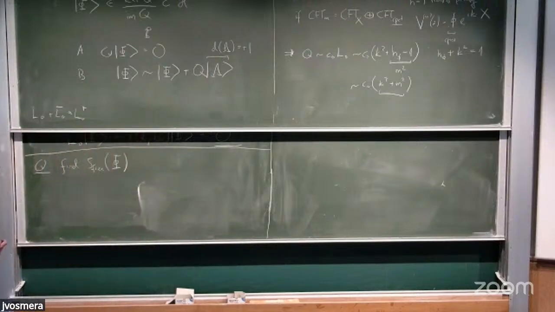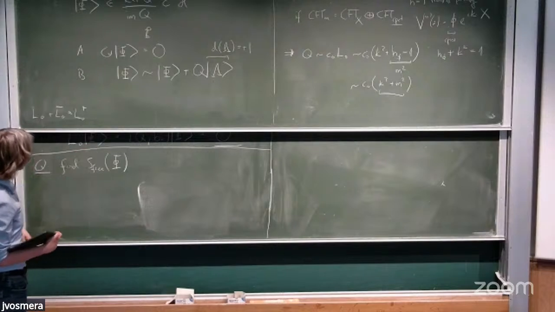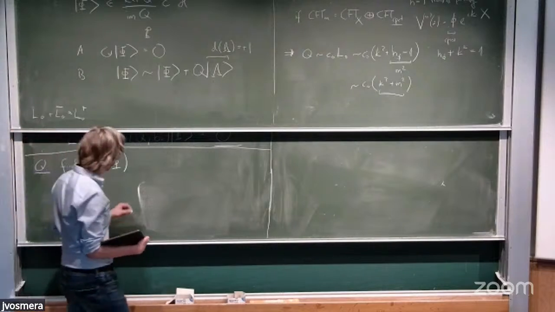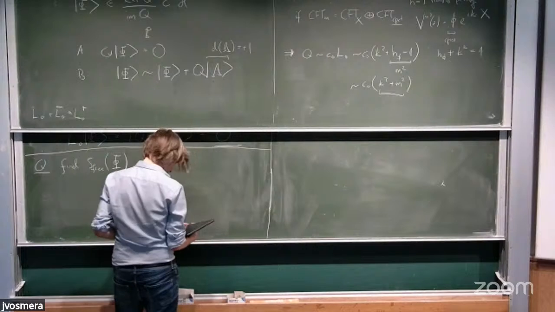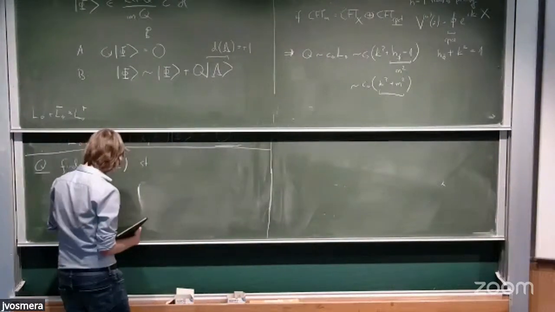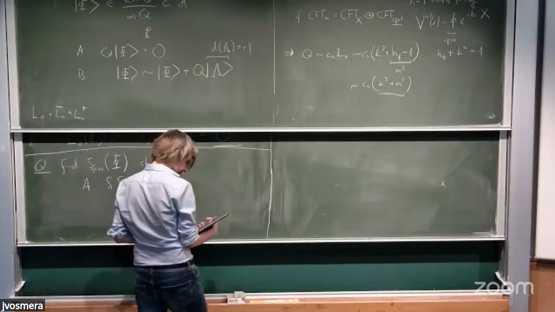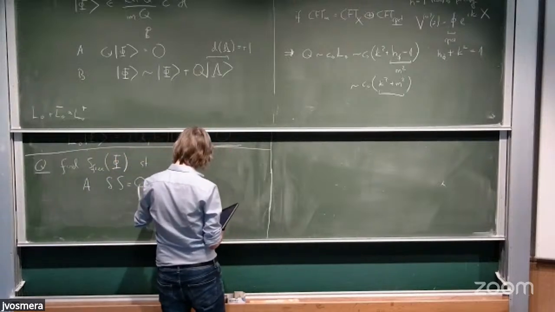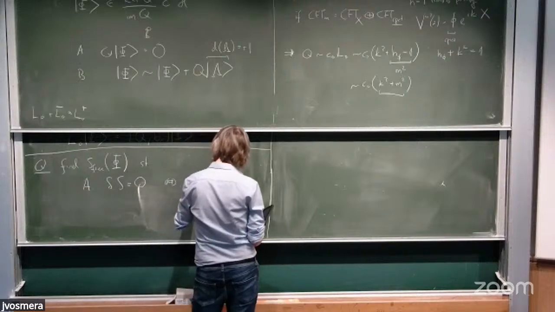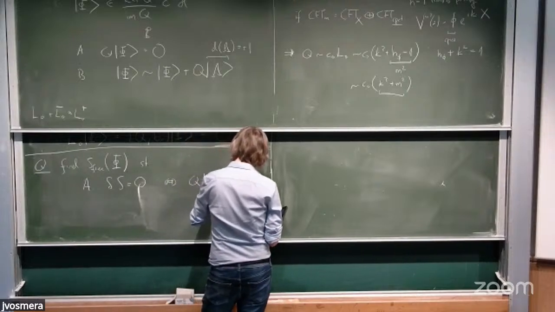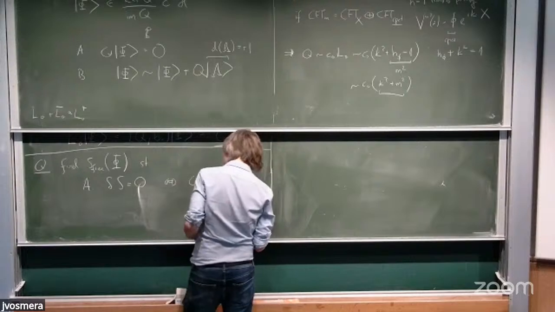Where these string states will enter as fields such that A, when we vary this action, this will impose the condition that Q phi is equal to 0.